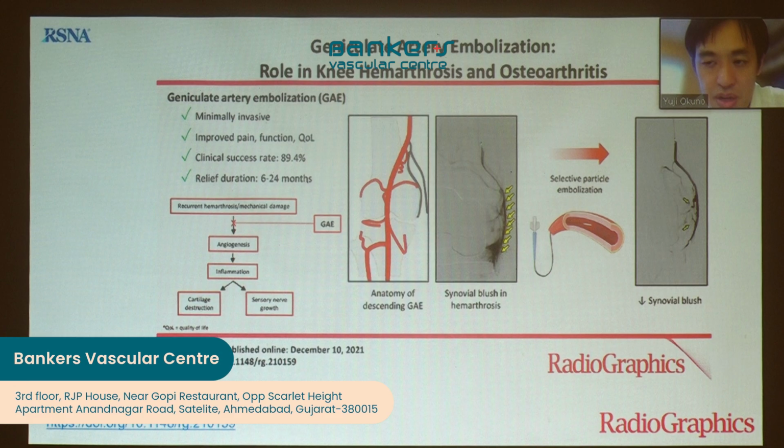Genicular refers to the knee, so this is embolization treatment for knee osteoarthritis. This is an angiography of the knee joint, and we can see lots of inflammatory vessels, and after infusion of temporary embolic material, we can see the reduction of inflammatory vessels.